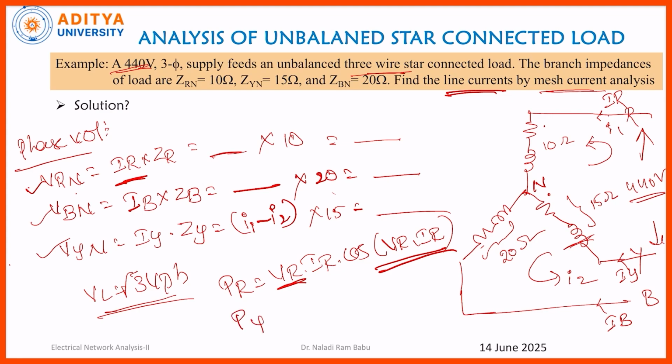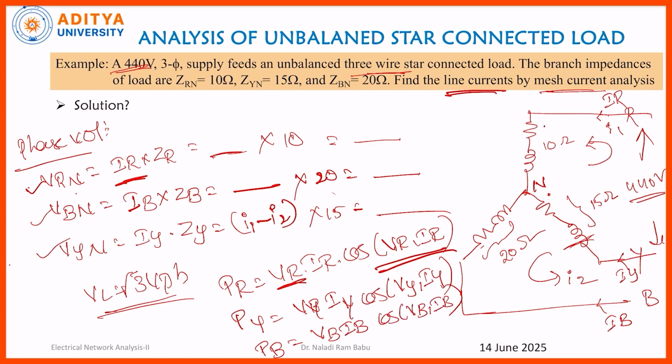In a similar manner, calculate the power across Y phase: VY, IY, cos of angle between VY, IY. In a similar manner, power across B phase: VB, IB, cos of VB, IB. With the help of this formula, we have calculated the power in R phase, Y phase and B phase.